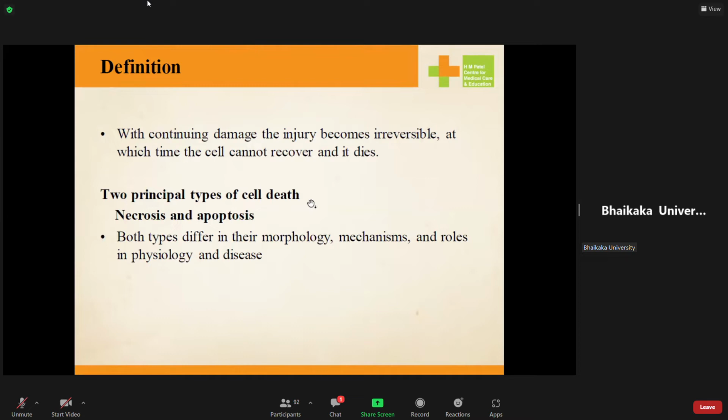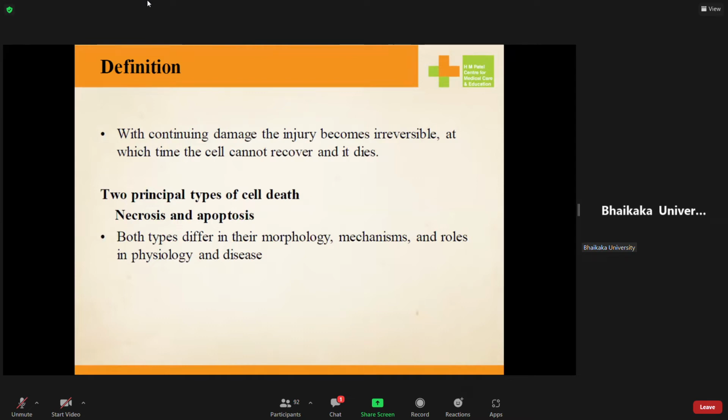Both necrosis and apoptosis differ in their morphology, in their mechanism of development, as well as by physiology, as well as in the form of disease development. So first we will see what is necrosis.